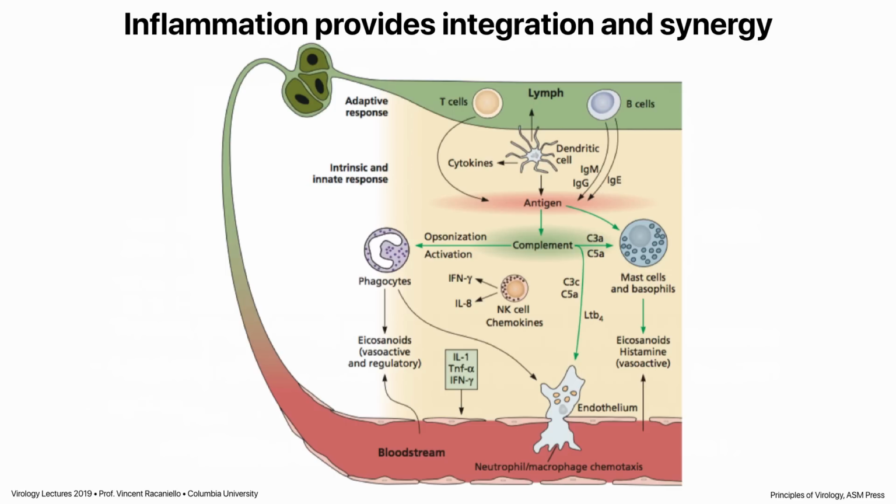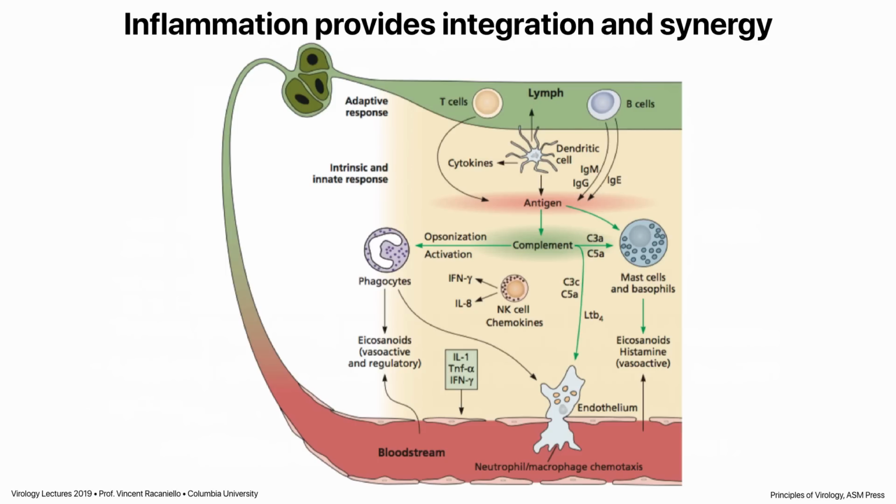The detection of patterns on molecules by complement can lead to the production of a variety of proteins that further cause inflammation. And a variety of immune cells can produce substances that will dilate the capillaries.